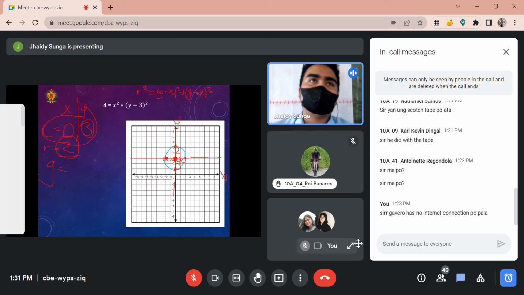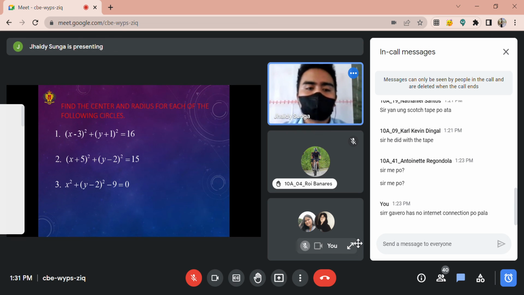You need to find the center, radius, and the graph. So this is 5 points each, and I should see the given, the formula, center, radius, then the graph. Okay, as usual. So this is the given. I want you to take a screenshot for this one.